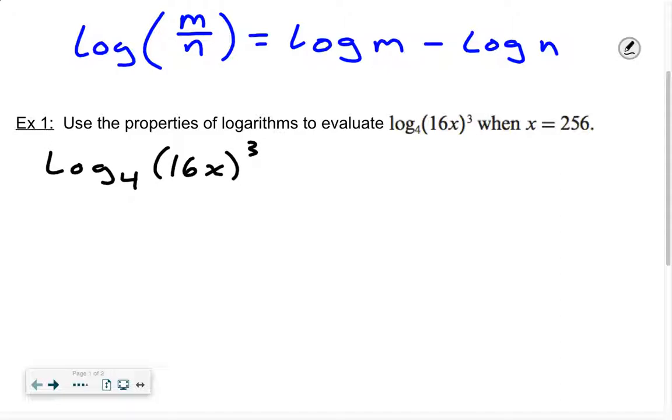Before we do that, let's use our properties so that we can simplify this thing a little bit so we can actually plug it into our calculators. What would be step number 1 here? Yeah, let's bring the 3 down in front so we can multiply by it. And now what do you suppose we want to do?